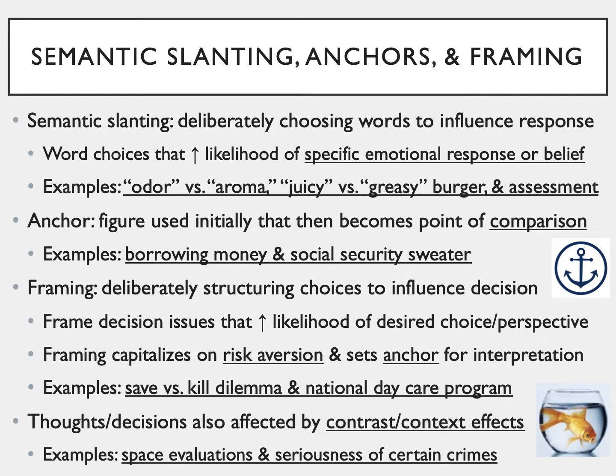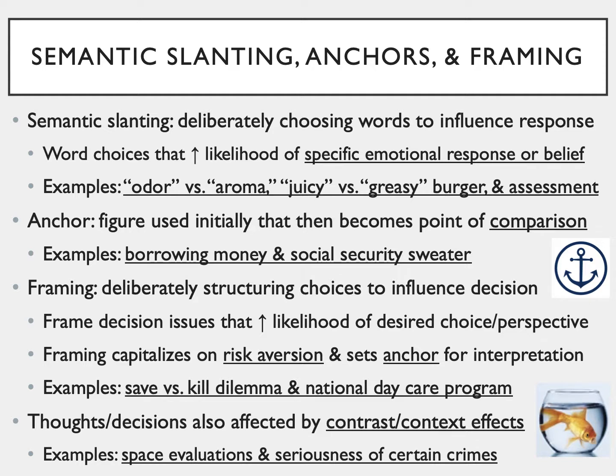Semantic slanting is when an individual uses strong verbs or adjectives to slant the way the reader or listener views the product. It's a strategy for directing the listener's thoughts. They deliberately use word choices that increase the likelihood of a specific emotional response or belief in the listener.